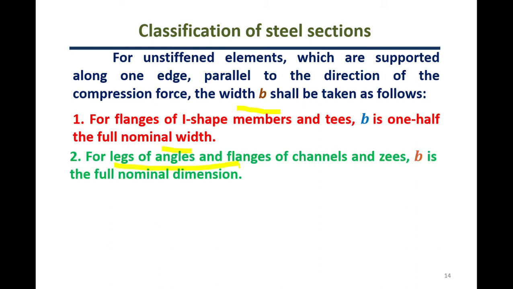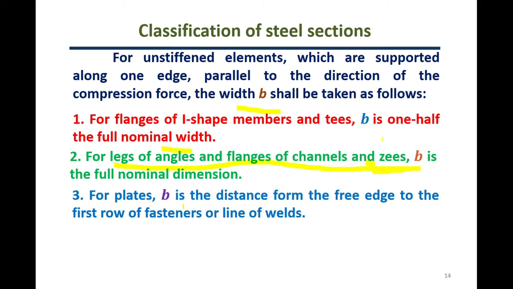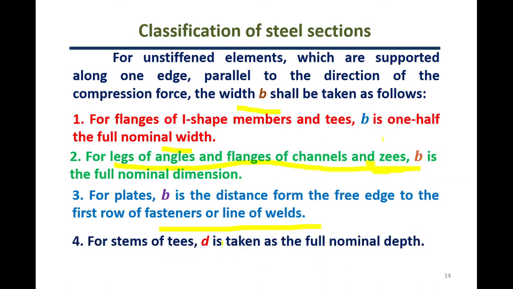For the legs of angles, flanges of channels, and Z's and T's, b is the full nominal dimension. For plates, b is the distance from the free edge to the first row of fasteners or line of welds. For stems of T's, d is taken as the full nominal depth.